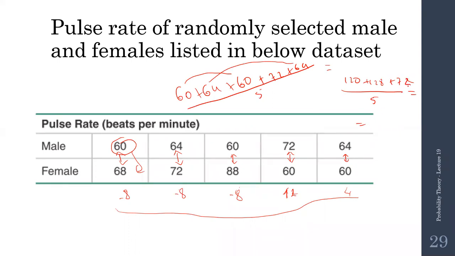This is 320 divided by 5, which gives us 64. We can say the average pulse rate for male is 64. The average pulse rate for female, we can get another.